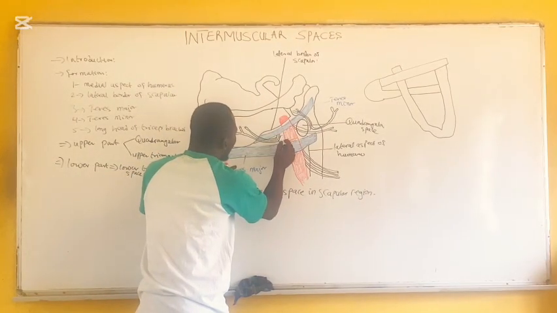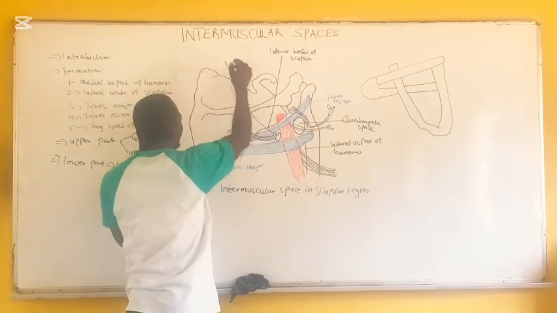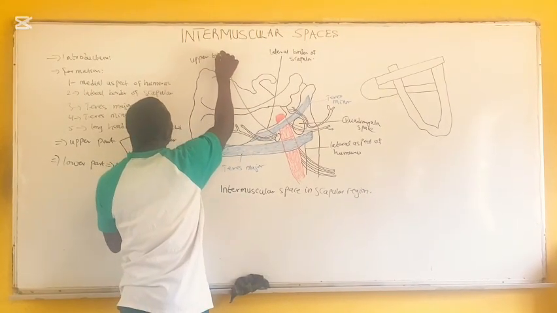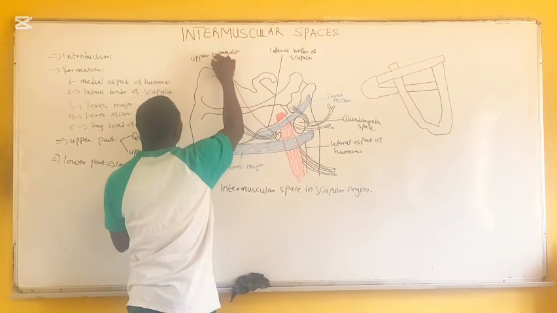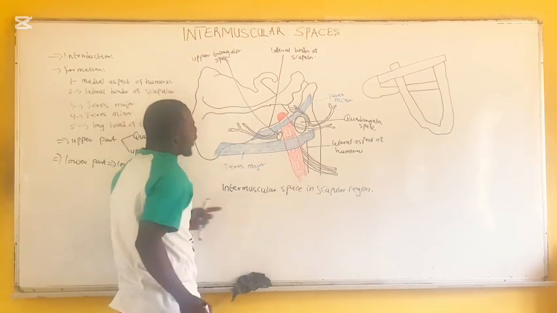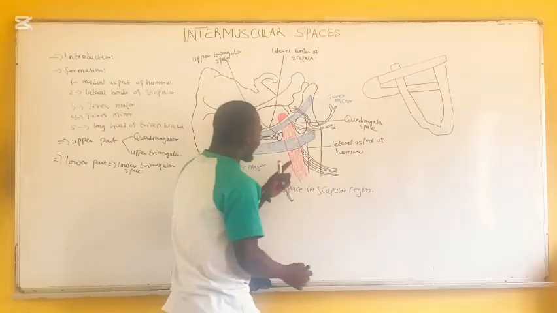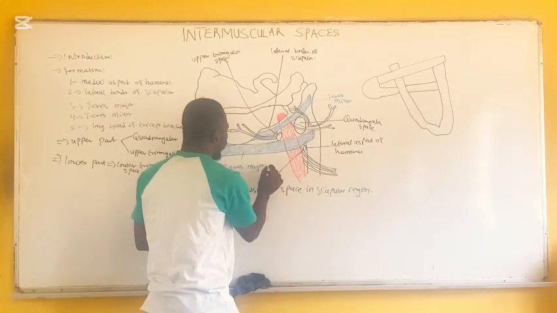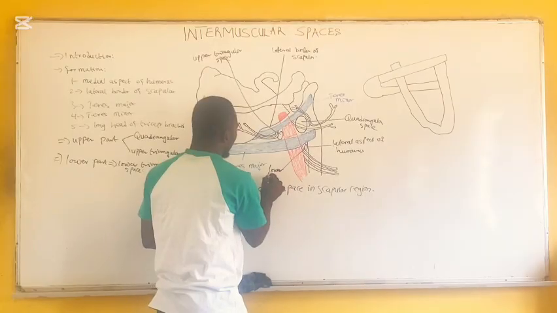So this space here is our upper triangular space, and below them there is the lower triangular space. This space here is our lower triangular space.